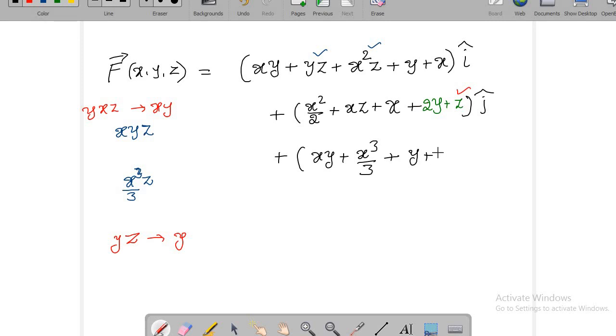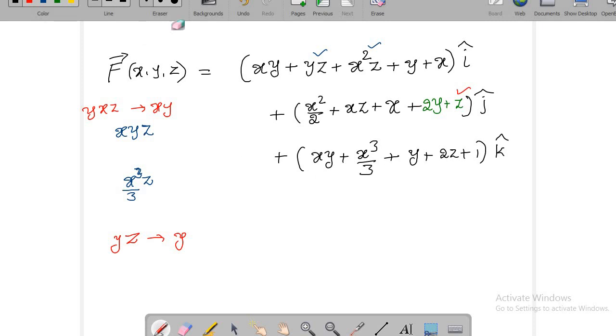plus. Now you write any term which does not involve x and y. ఎందుకంటే x and y గురించి మనం కేర్ తీసేసుకుంటాం. So maximum you can write the terms in terms of z only. Z or constant terms. Okay, let me write 2z plus 1 into k.